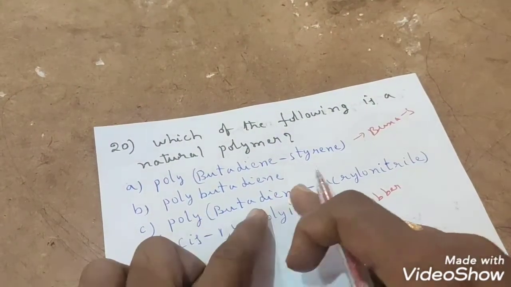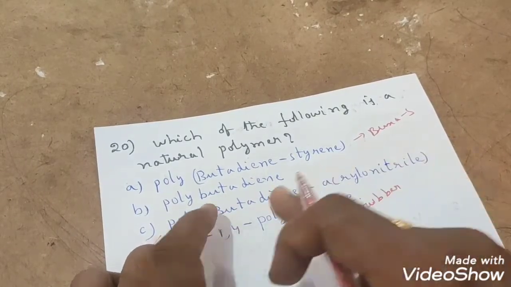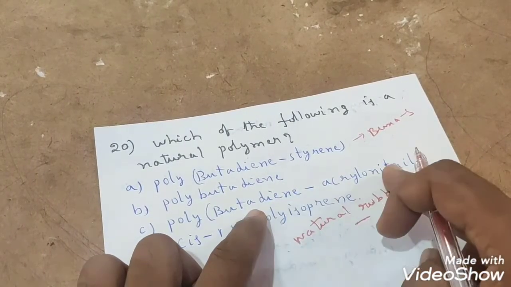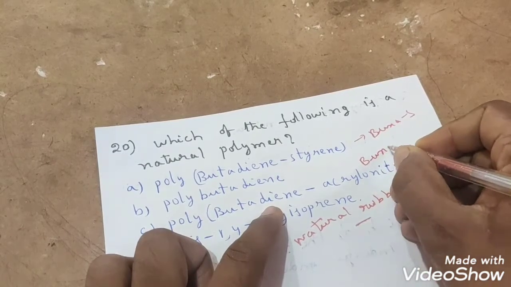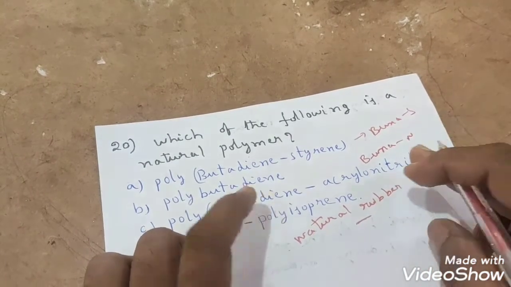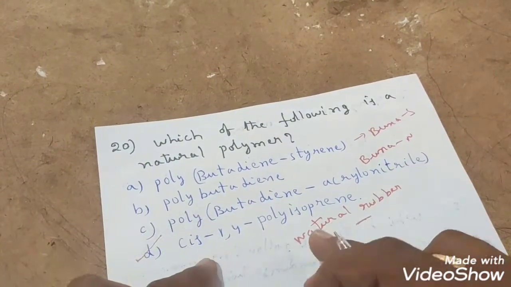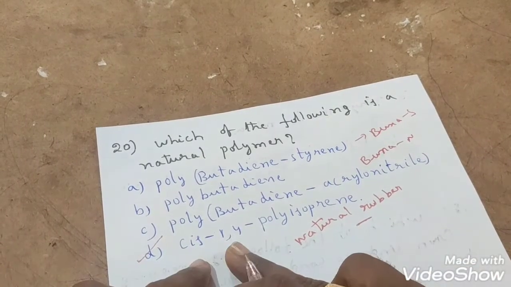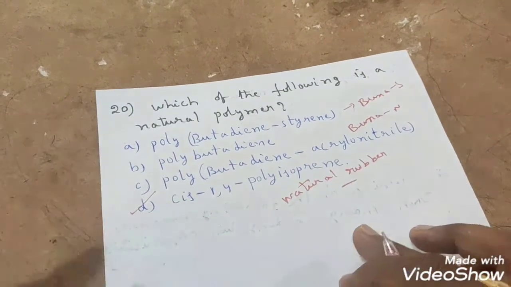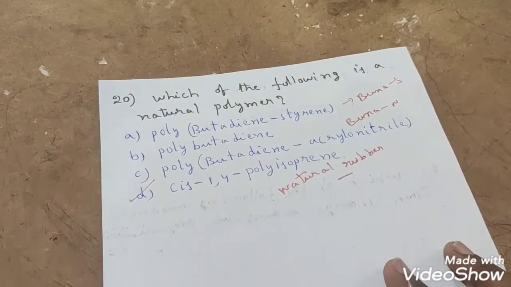So polybutadiene acrylonitrile, that means what? Polybutadiene acrylonitrile resin is called what here? Buna-N, which is a man-made polymer, right? But this is what? A natural polymer, students. Natural rubber. Another name is what? Cis-1,4-polyisoprene.